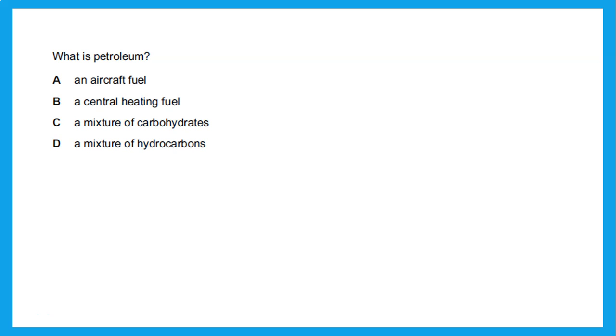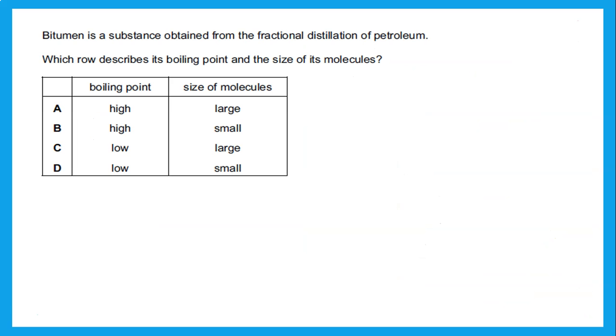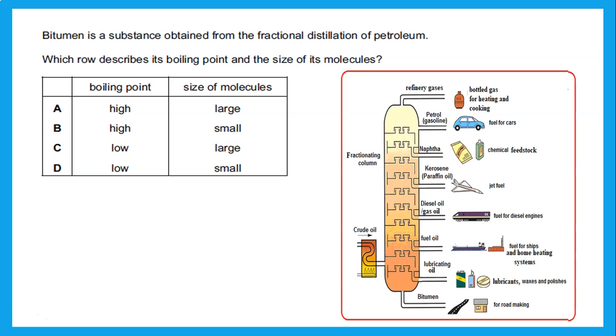What is petroleum? Remember we said petroleum or crude oil we regarded as a mixture of hydrocarbons. Bitumen is a substance obtained from fractional distillation of petroleum. Can you see where bitumen is? It is the very last fraction at the bottom.